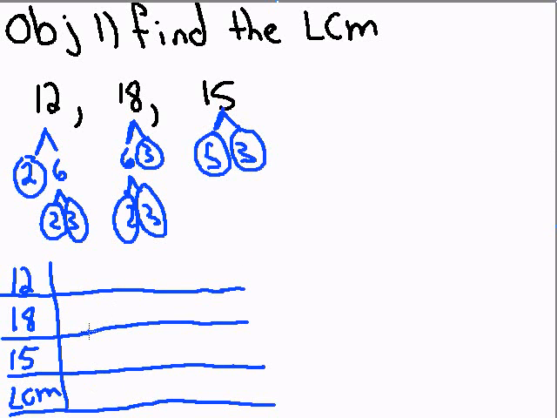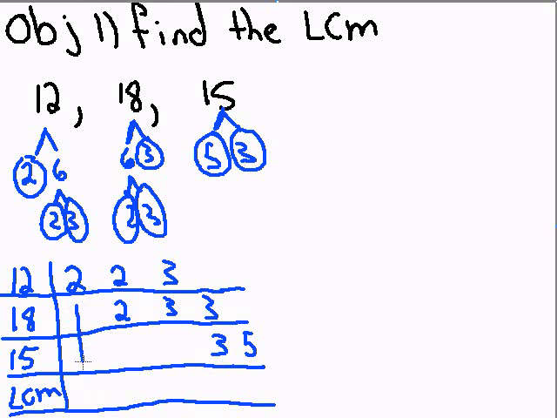Okay, I went ahead and factored out the 12, the 18, and the 15. Let's list the factors. 12: 2, 2, and 3. 18: 2, 3, and 3. 15: 5 and 3.